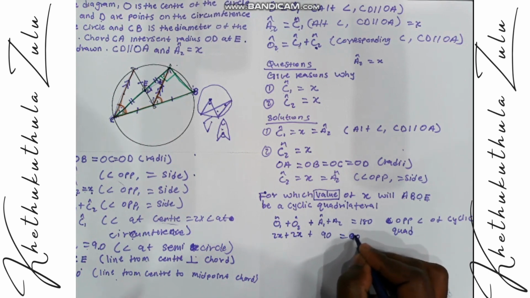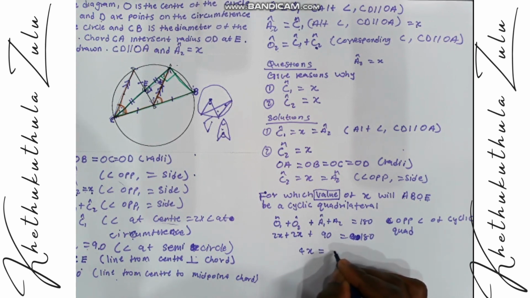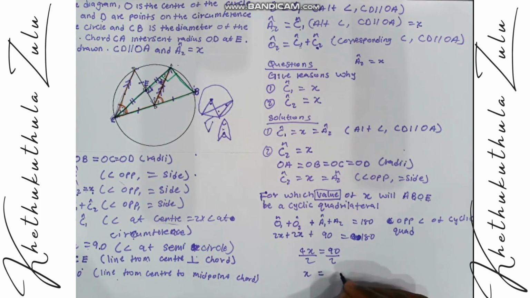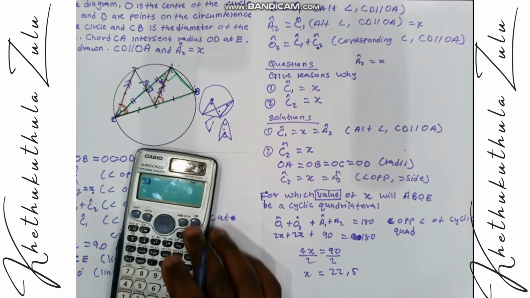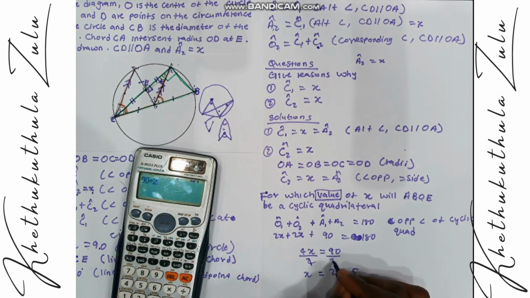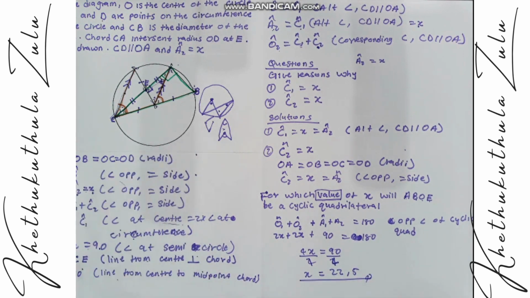So 90, this 180 is equal to 180, and then this is just 4x, so 4x is equal to 180 minus 90, which is just 90. Then we divide by 4, sorry guys, divide by 4. Our x is just going to be 22,5, which is 90 divided by 4, which is the value of x that we are looking for.